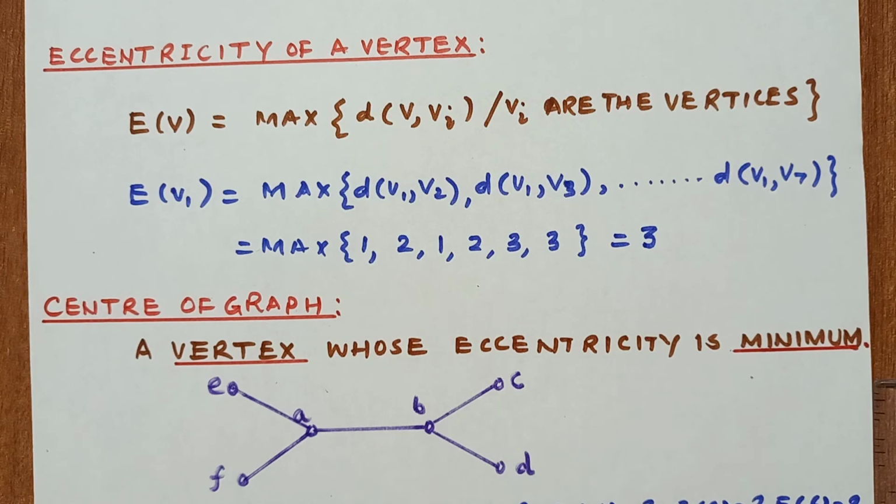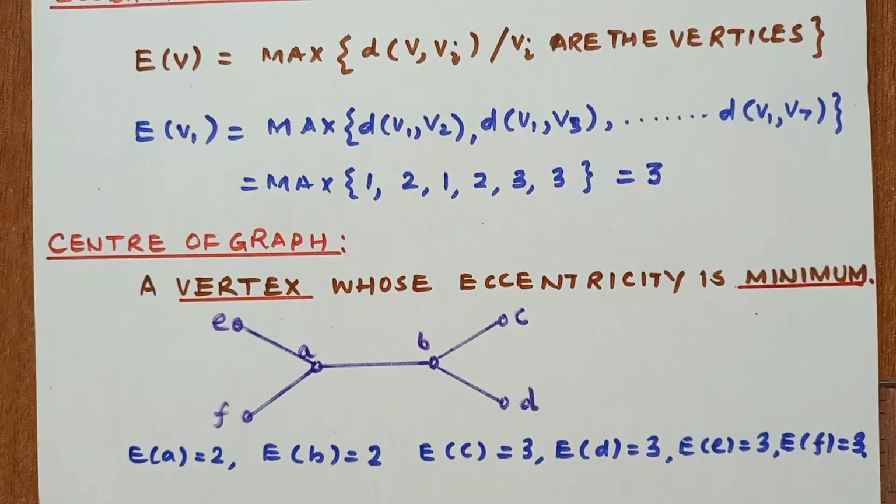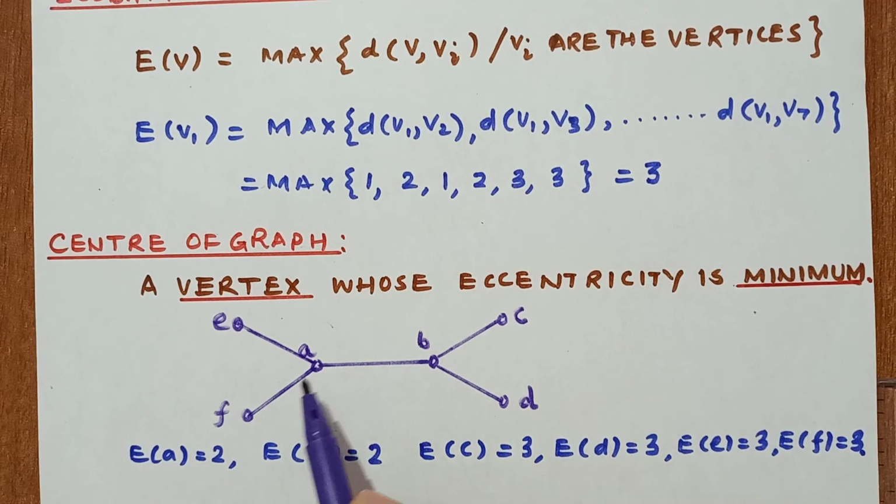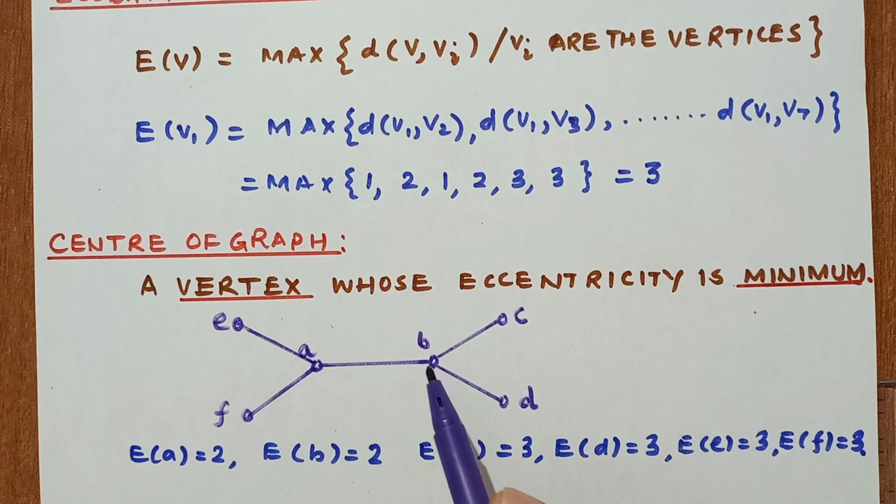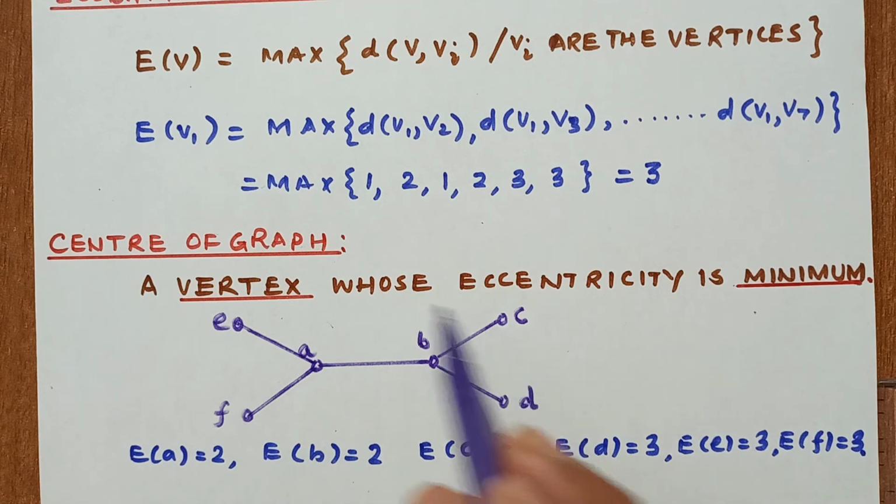Here we have calculated the eccentricity of A, B, C, D, E and F. Which value is minimum? The values of A and B are minimum. The eccentricity of A is 2 and the eccentricity of B is 2, so the center of this tree is A and B.